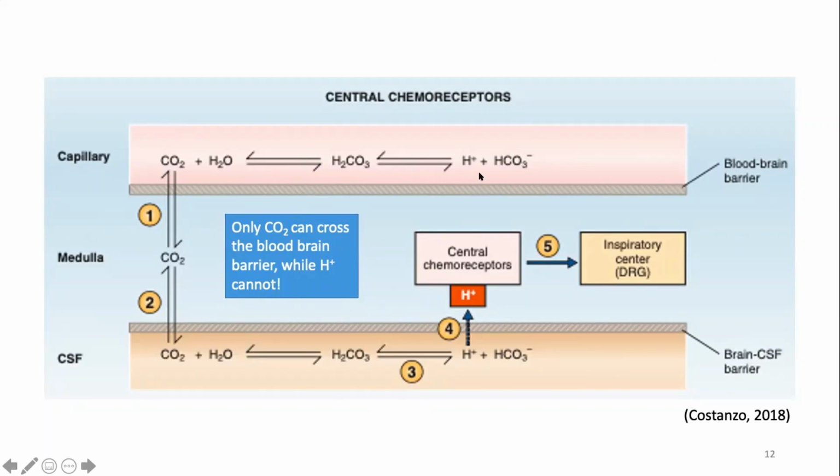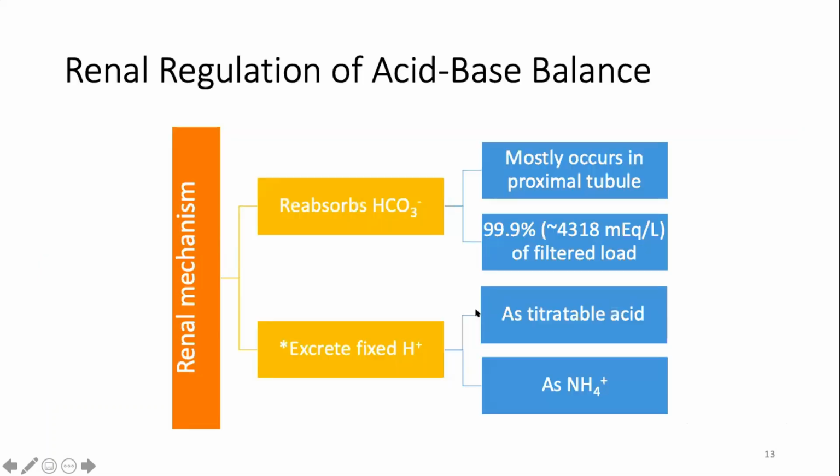Meaning that even if you have a high H+ in the capillary or in the artery, this H+ itself cannot reach the central chemoreceptor. So it is the responsibility of the carbon dioxide to travel into the CSF and then stimulate the production of H+, which then alters the pH in the CSF. And this H+ can actually cross the brain CSF barrier here to stimulate the central chemoreceptors.